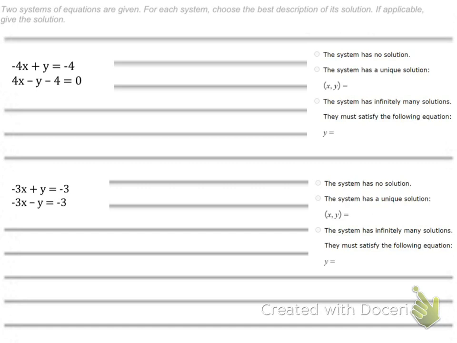The constant needs to move over. So on that second equation, we're going to rewrite it with that 4 on the other side. My top equation is still negative 4x plus y is negative 4, and the bottom is 4x minus y equals 4.